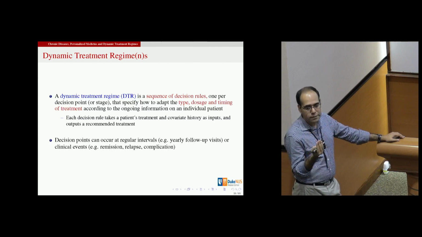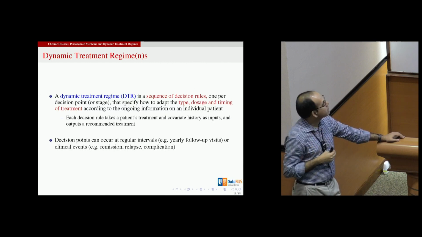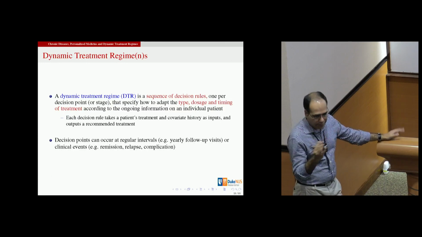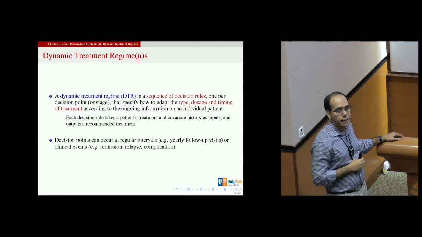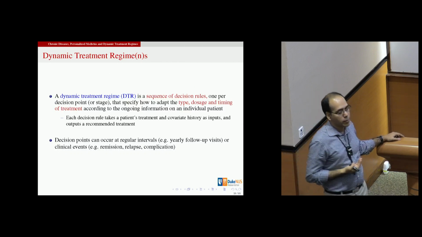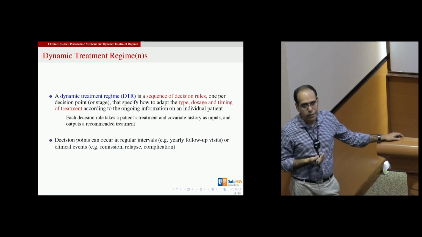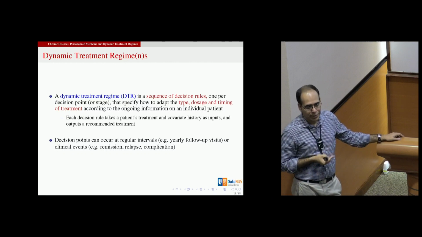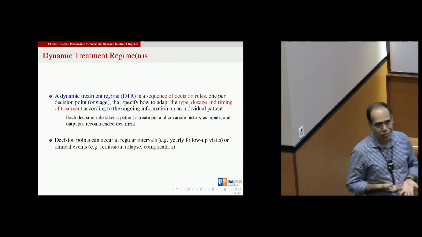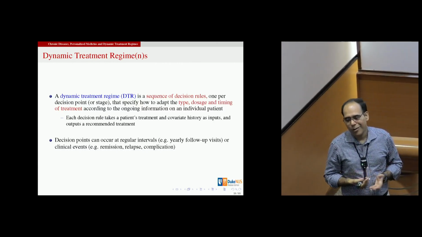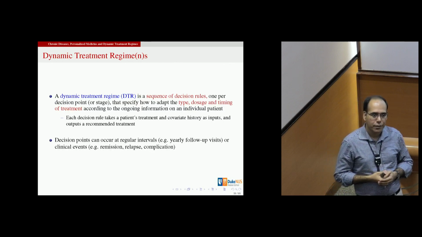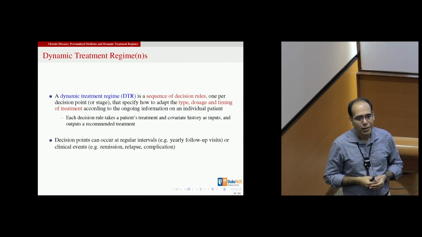I mentioned in the last slide that a treatment regime is a set of rules that guides how to tailor treatment. When you have a chronic disease condition, a multiple time point condition, we call it a dynamic treatment regime, or DTR. Sometimes people prefer the word regimen as opposed to regime. In the stat world, when it first started, it came as dynamic treatment regime. But later on, people felt that clinicians sometimes get uncomfortable with the word regime.